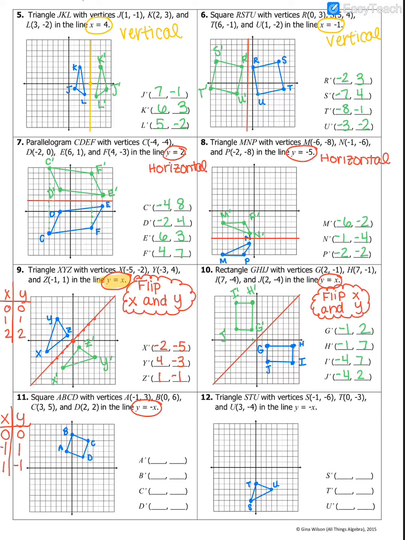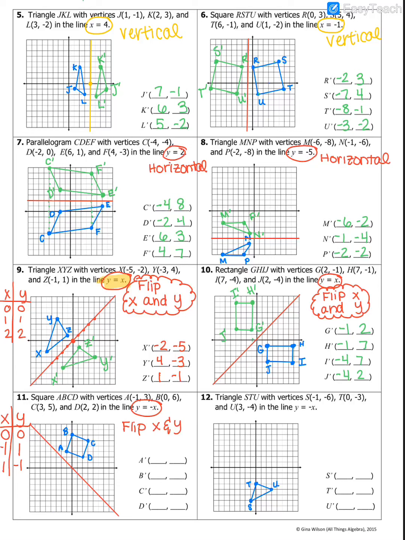Okay, so let me draw what that looks like, because it's basically the same line as before, just going in a different direction. It's going to be sloping downwards like this. Okay, so that's our line. And this time our rule is similar. We're still going to flip x and y.